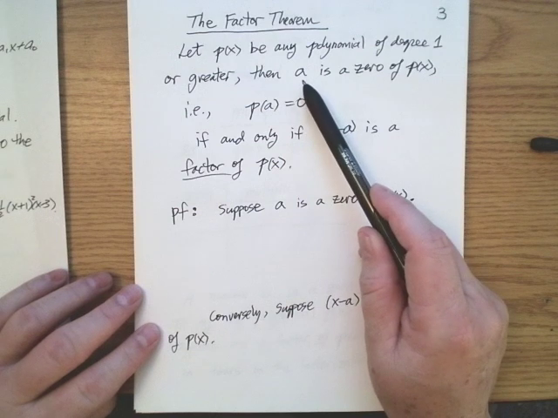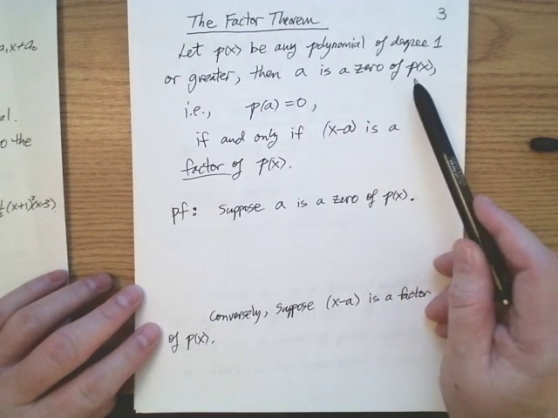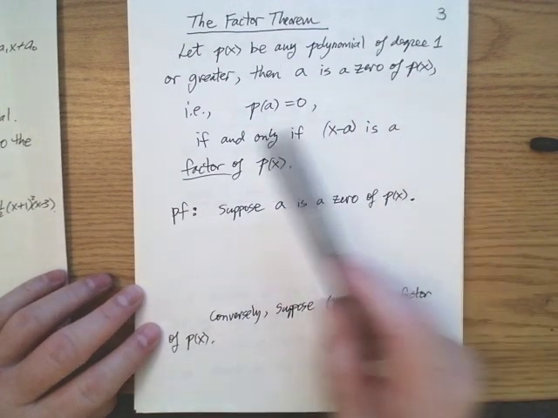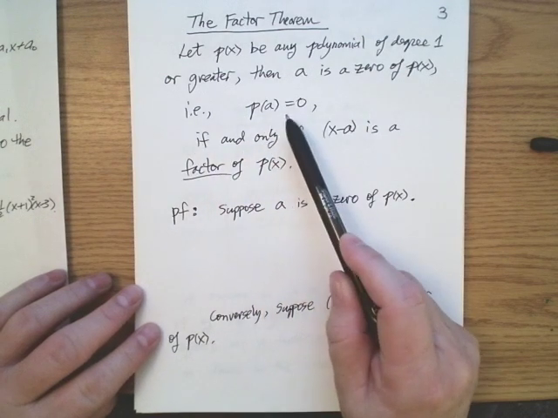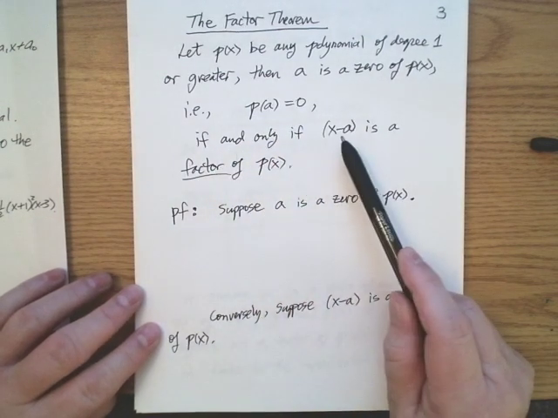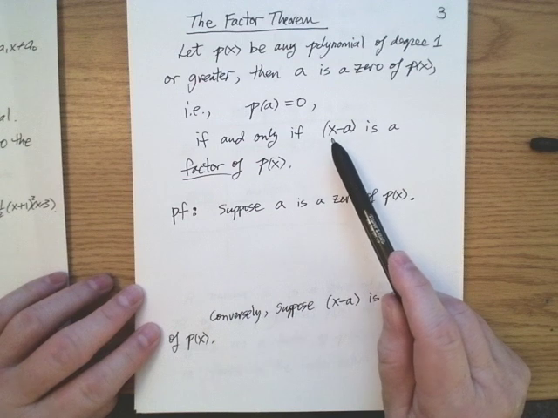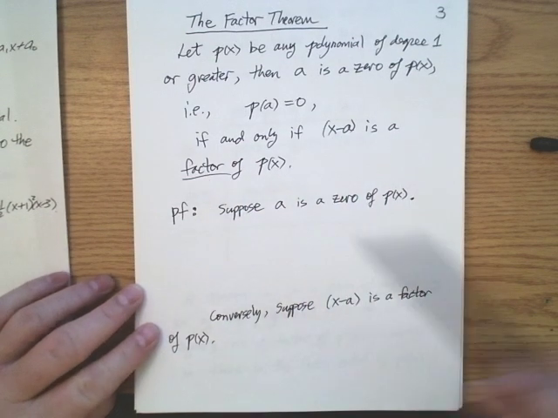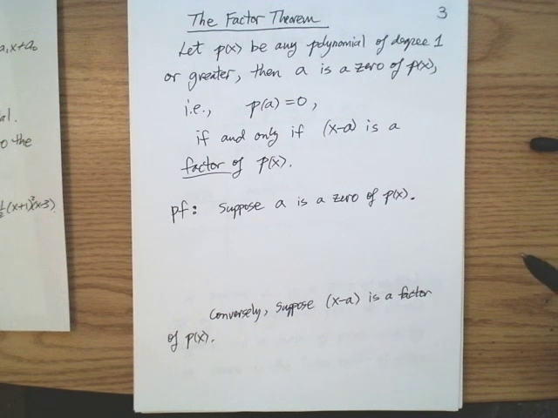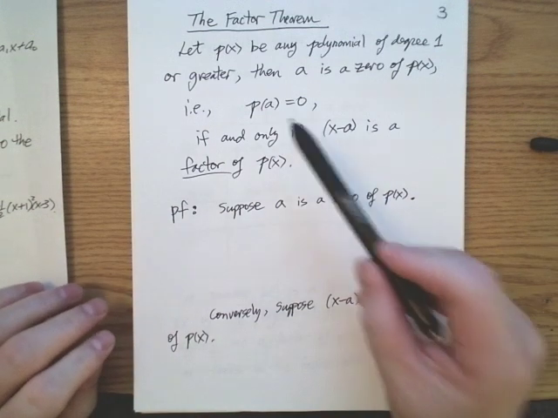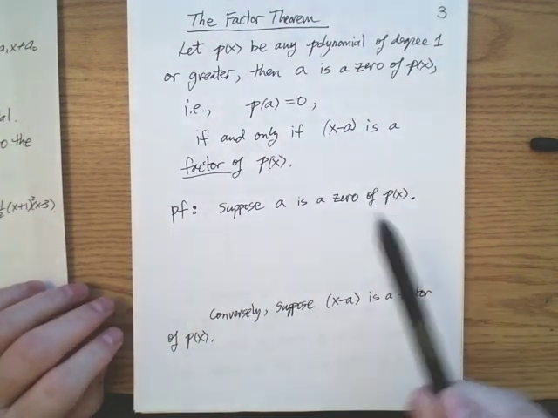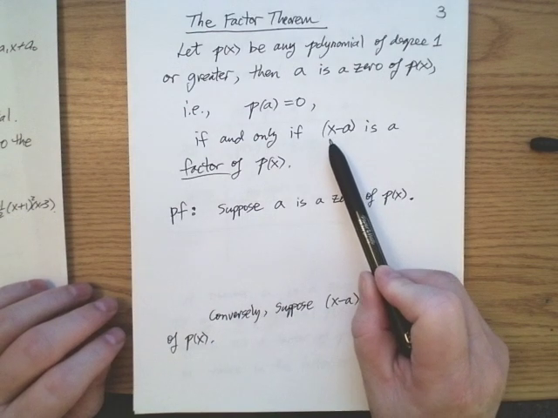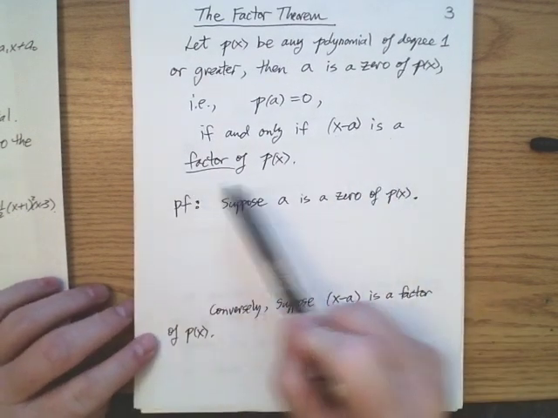This number a is a 0 of the polynomial p of x, in other words it satisfies this equation, if and only if the linear monic polynomial x minus a is a factor of p of x.